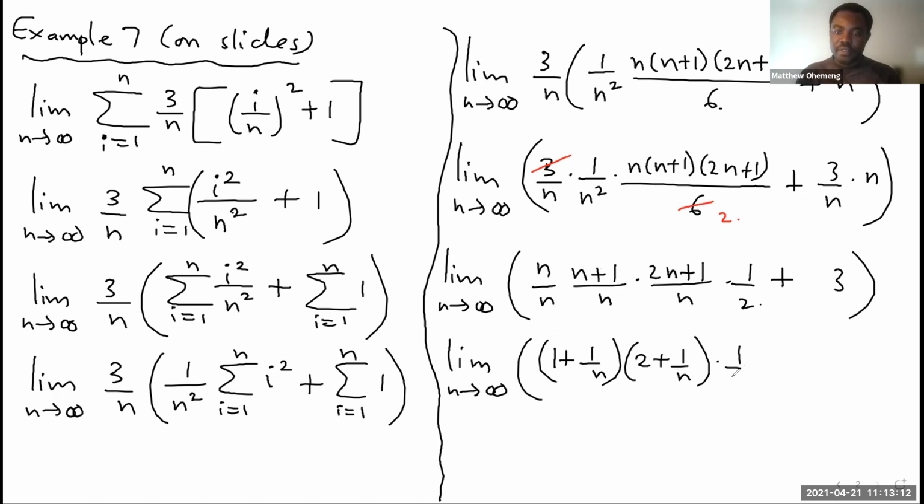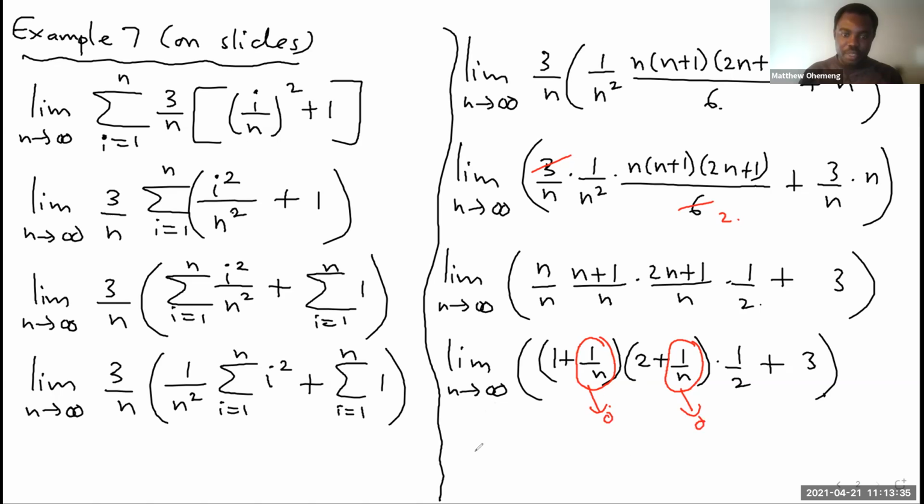And then times half, and then plus 3. Now, the limit as n approaches infinity of 1 over n, what is that going to be? Does anyone recall? 0. Yeah, that's true, Katrina. Thank you. So those are all 0, right?